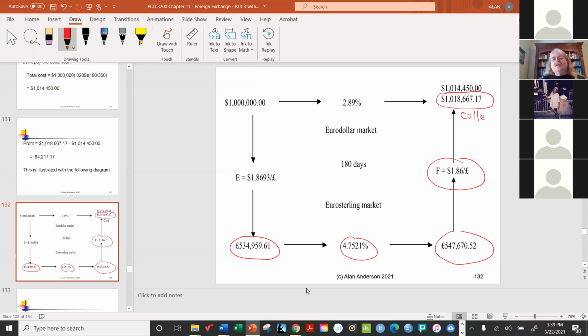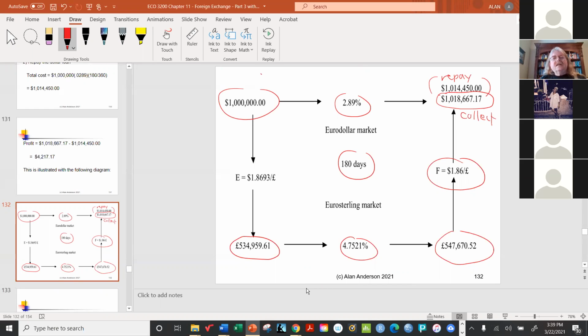As we've just seen, how much did it cost me to borrow this money? 2.89% for 180 days for $1 million means I must repay only $1,014,450.